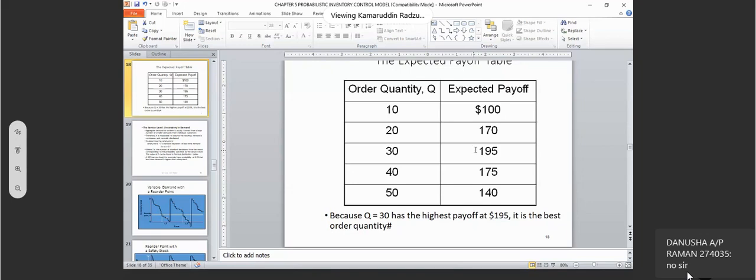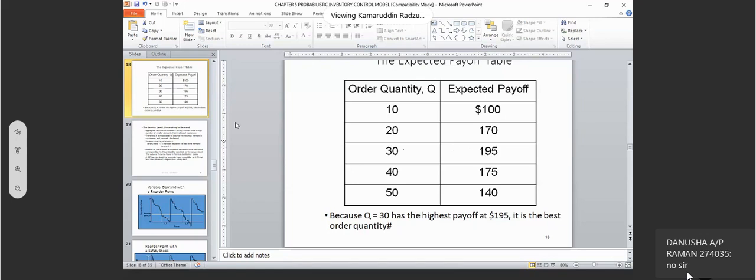The result of the analysis shows that the highest expected profit is 195 ringgit with the order quantity of 30 units. So we decide to order the ornament from our supplier with a quantity of 30 units with the expected profit of 195.